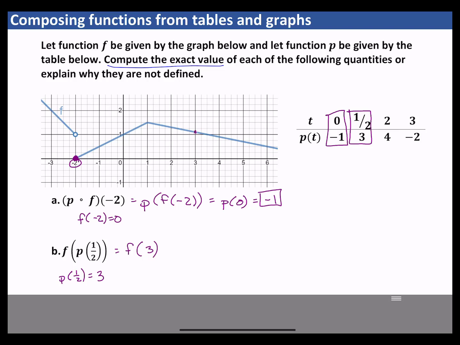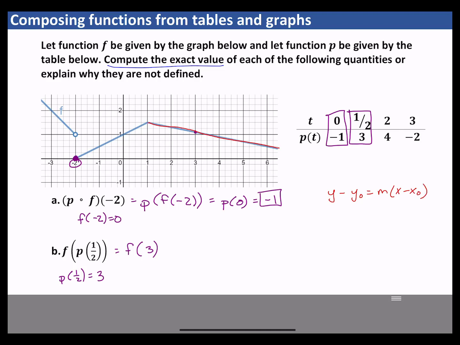So what we're going to want to do is actually find the equation for this piece of function f. And so we can do that. We see that it looks like a linear function. So we're going to use point slope form. y minus y0 equals the slope times x minus x0.